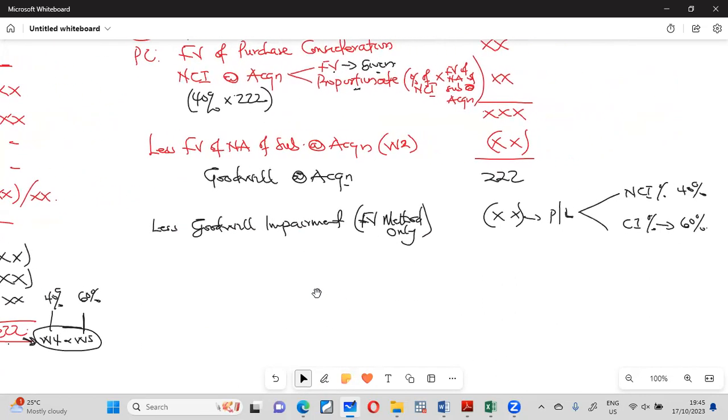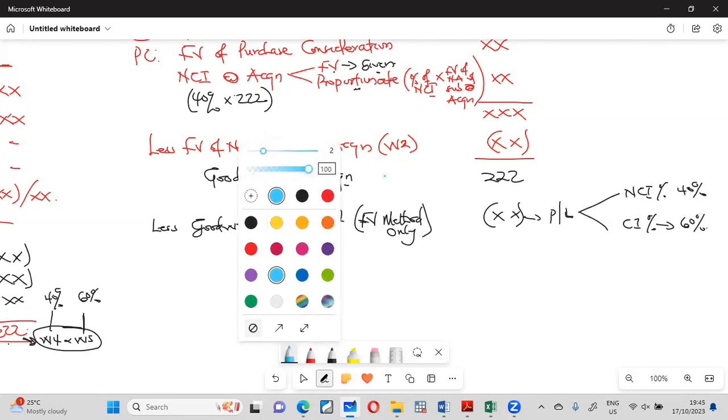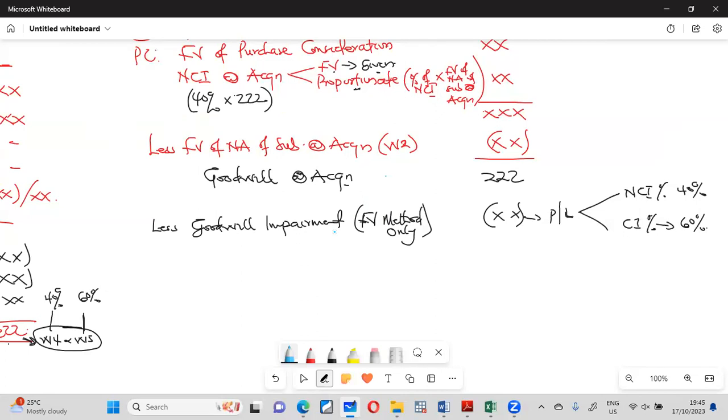The same thing happens here. However, there's something I need to tell you: when you use the proportionate method, there will not be any impairment. The goodwill that you are finding is the goodwill proportionate.